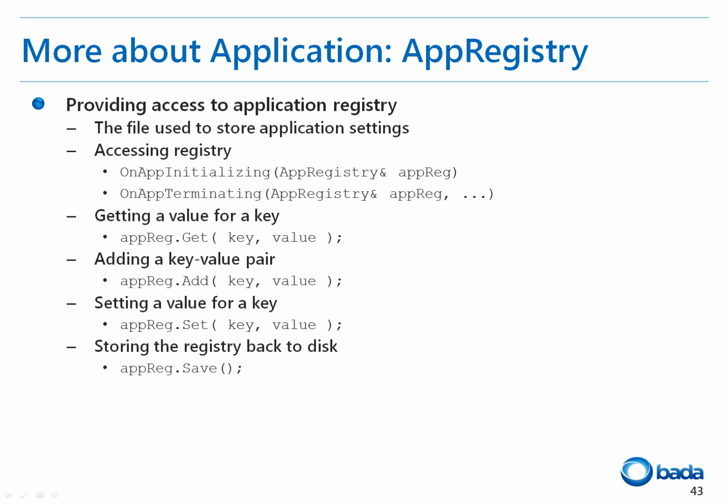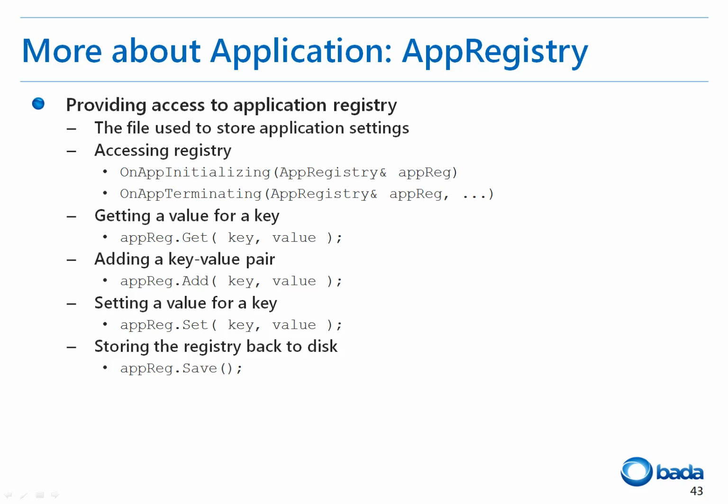The OSP AppRegistry class manages an application's preferences. It provides access to an application's registry. It creates the app registry file and is used to store the application settings. You can access the registry file using the OnAppInitializing method with appRegistry as a parameter.